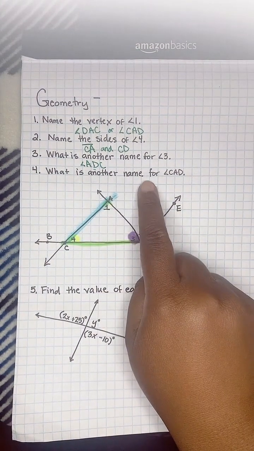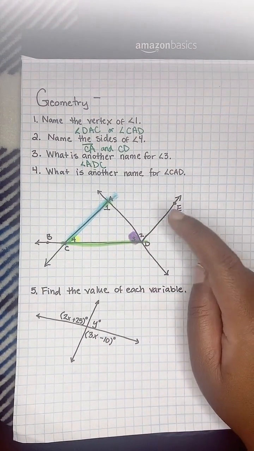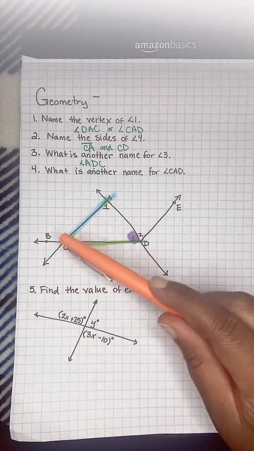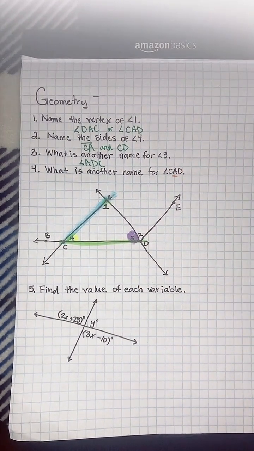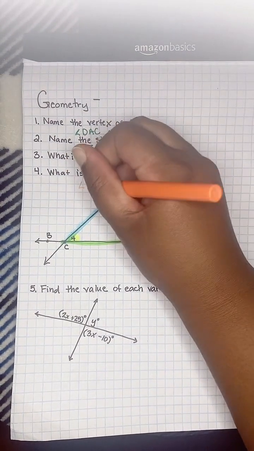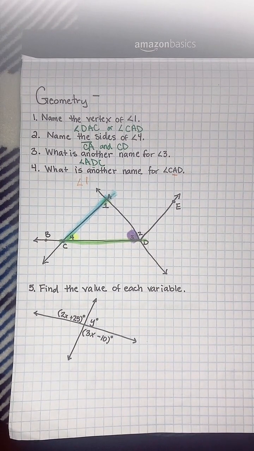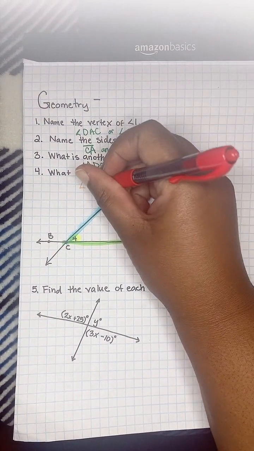Let's jump to number 4. What is another name for angle CAD? Remember, the angle that they're really talking about is in the middle. So another name for this would be angle 1, or DAC. Ooh, I love it. Bridget, Aaron, I see you. Perfect. You guys see, there are multiple answers and they are correct.